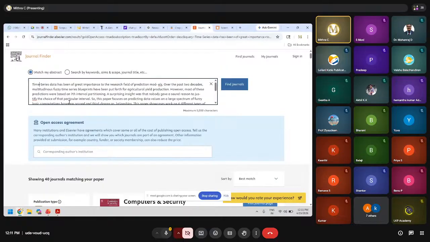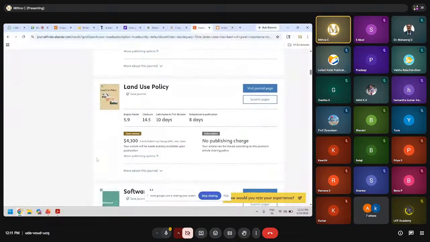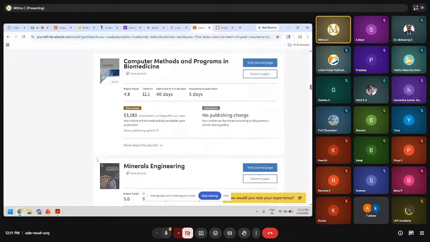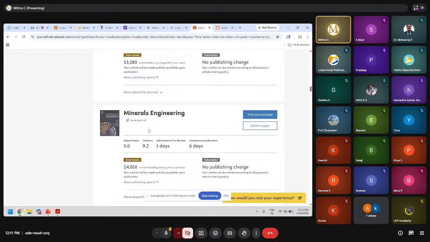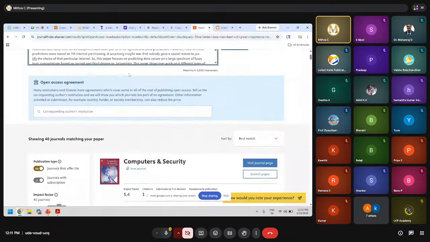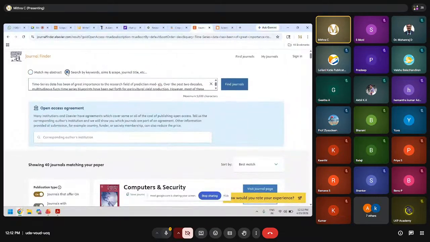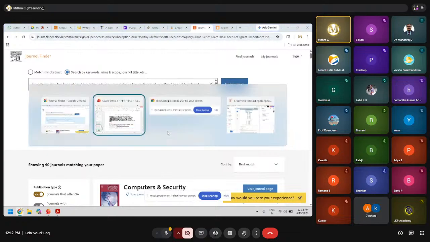So you just paste the abstract, and whatever journal suits you will be recommended by the system itself. Based on the content that I have pasted, it provides me suggestions, and you can even search through keywords as well. Anything is possible here, based on which you can refer to the journal that will help you.